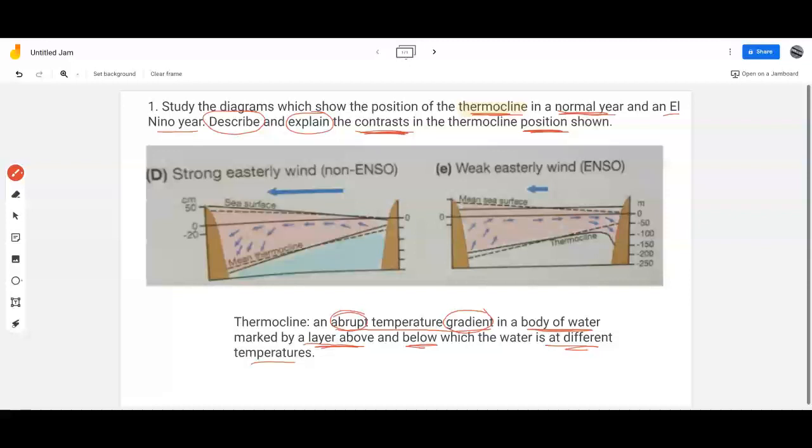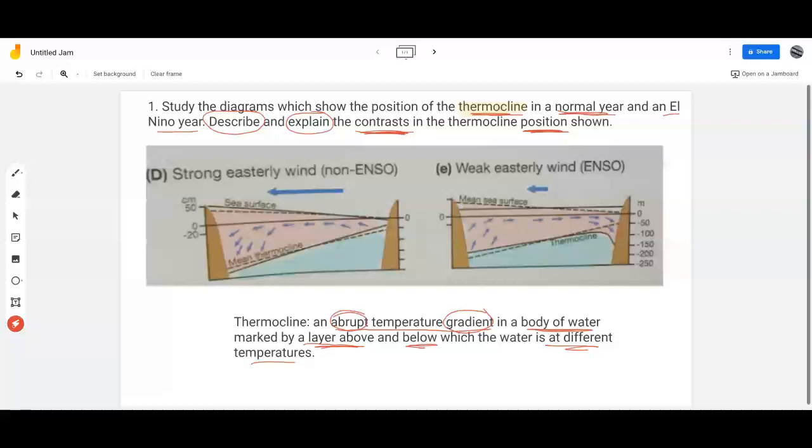You're going to get more warm water here than you did here. We'll mark on the cold water again. With that colour in, that really just helps you to spot the difference a little bit more in terms of what those two diagrams are showing. So there is our abrupt change in temperature, going from warm to cold. Warm to cold, that's your thermocline.